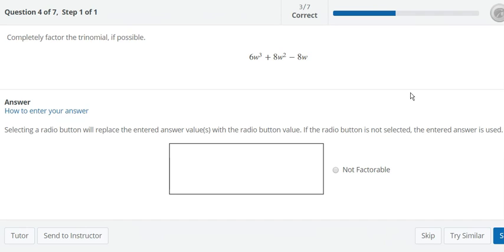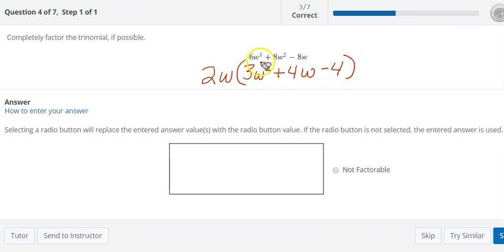Now, in this case, after inspection, I see I have a common factor here of 2w. So this will now become 3w squared plus 4w minus 4.